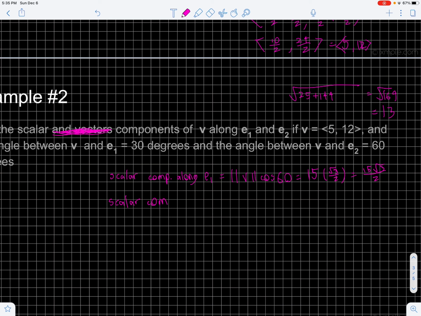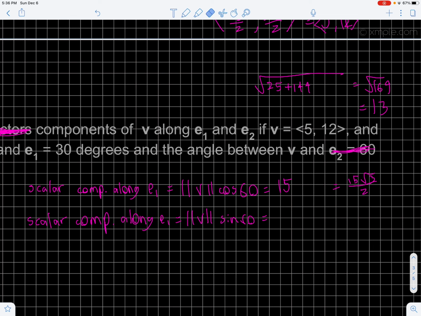Then, do our scalar component along E2. That part's redundant, we can ignore that. We know that it's norm of v times the sine of 30 degrees.